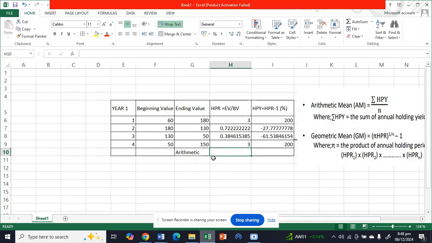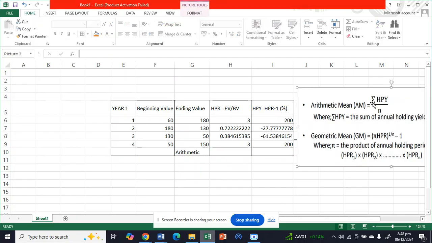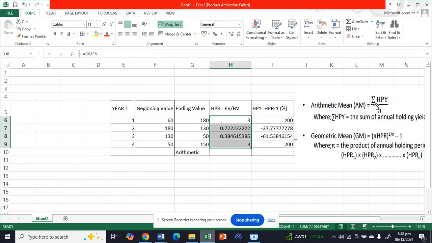The arithmetic mean is found by just summing our holding period returns for the years, and then we divide it by the number of years. In this case, the number of years is 4 years. So first things first, let's total up our holding period returns.